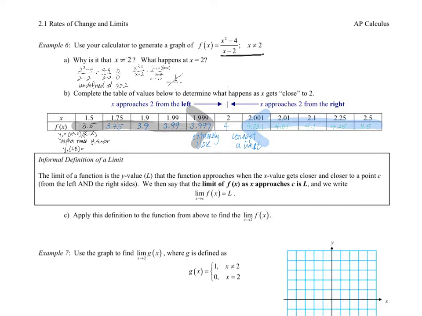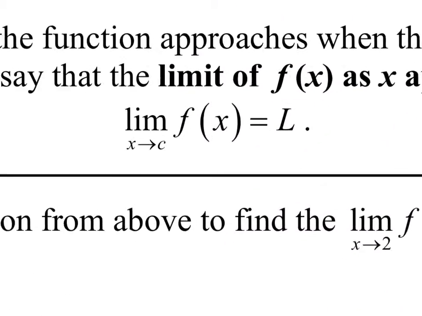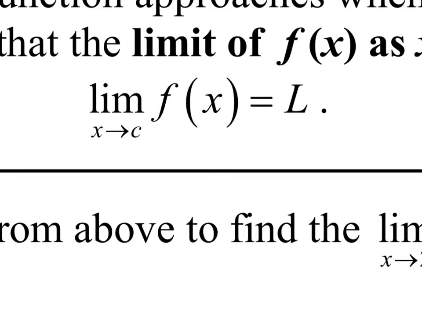So what you're going to see, chances are when you're looking at problems like these, is that C will be a number, and you're going to answer with a number.